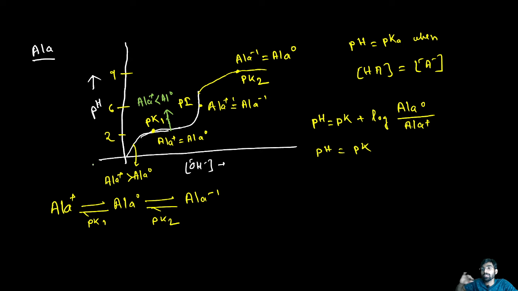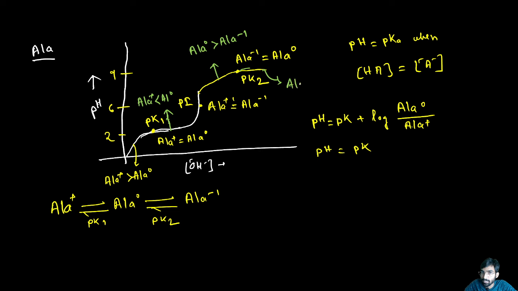Now the maximum of the alanine has released the carboxyl group proton, right? Here also there are two things applicable. Here is one condition and here is another condition. Here the condition is that alanine 0 is more than alanine minus 1.